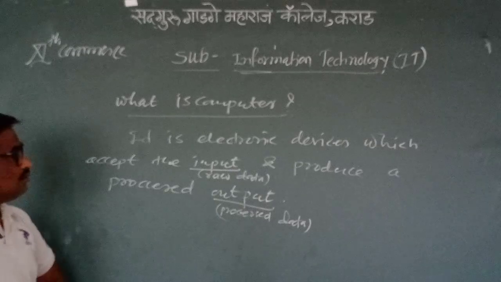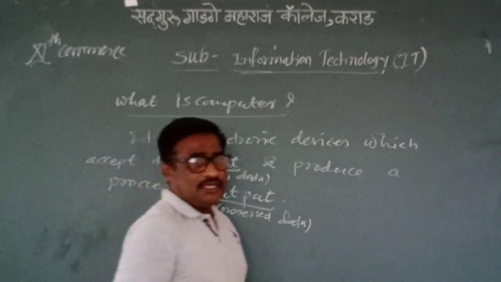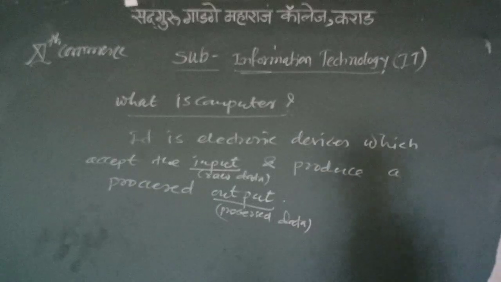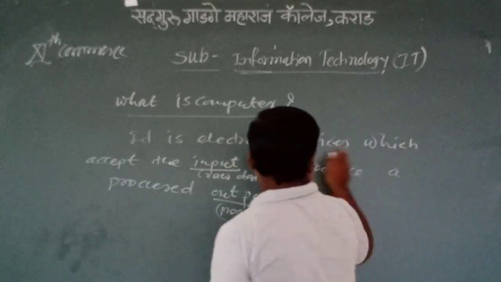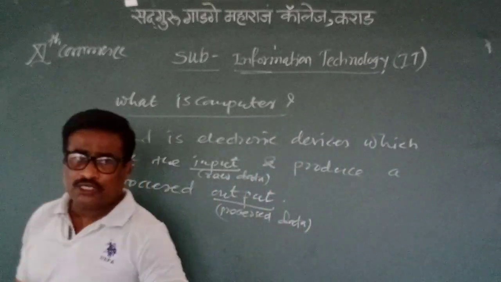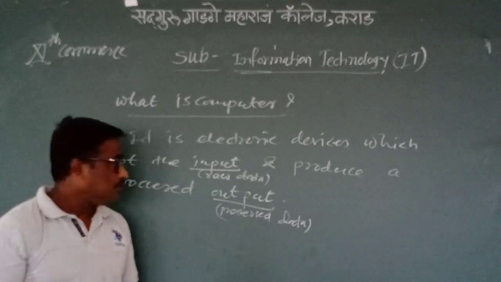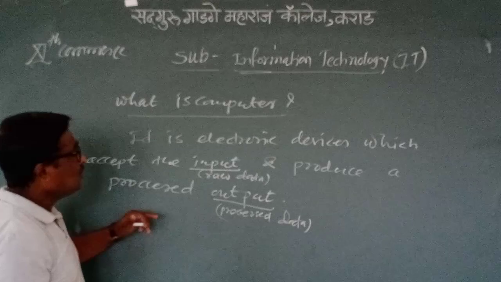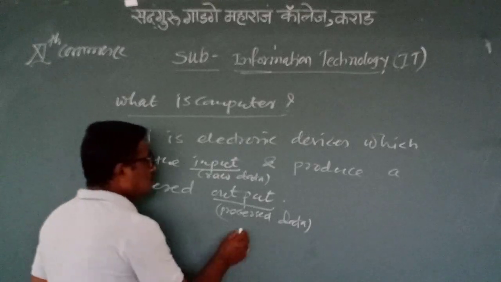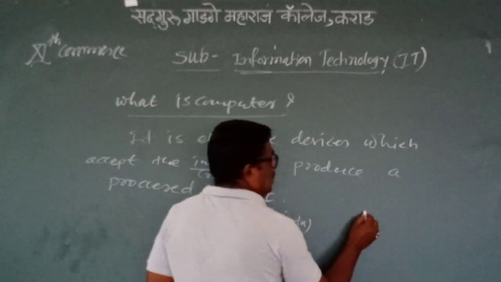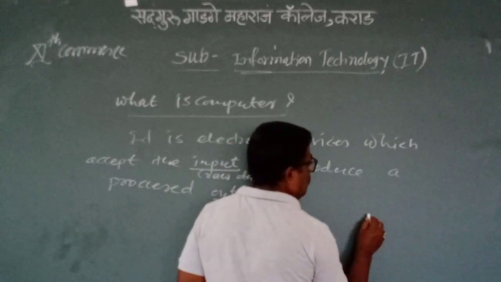Computer is an electronic device, a machine which accepts the input, whatever it may be, that is raw data, and produces a processed output. That is the finished data or processed data. That is in symbolical form.